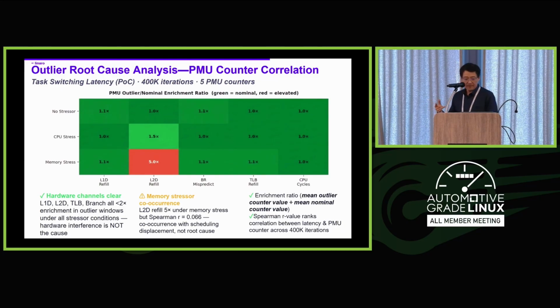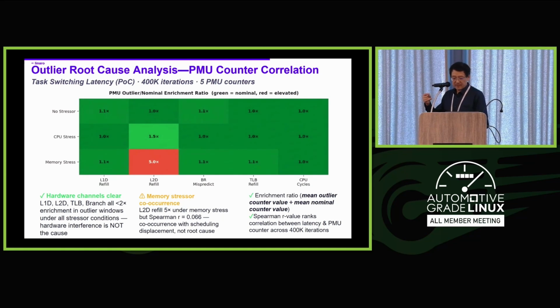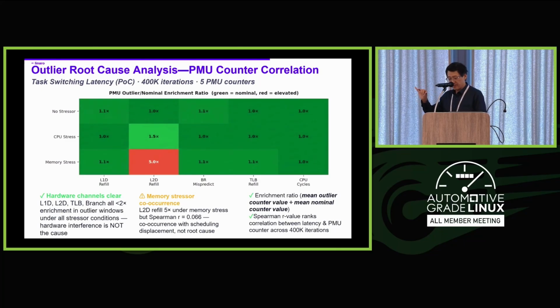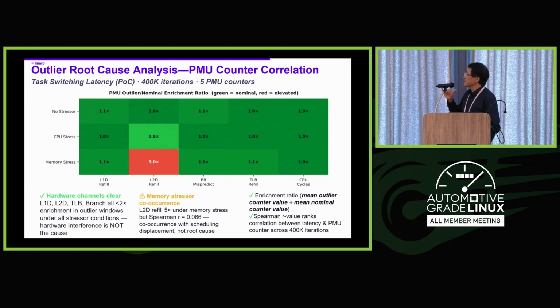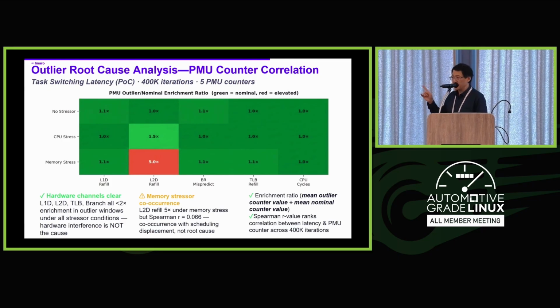If anything is higher than 1, it means that the performance counter has become elevated during the outlier event happening, right? So this becomes suspicious. But it doesn't necessarily mean that that's the root cause, right? We have a second tier of evaluation using the Spearman R value to rank the correlation between latency and PMU events, right?